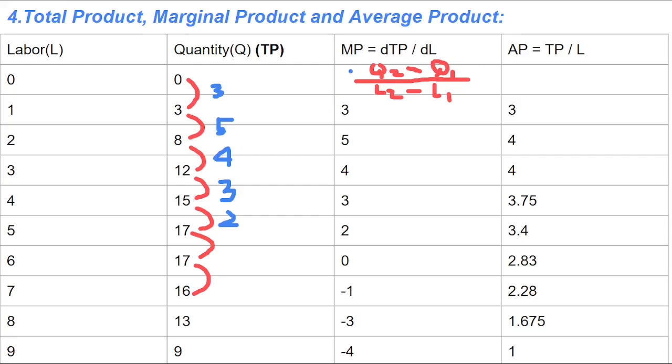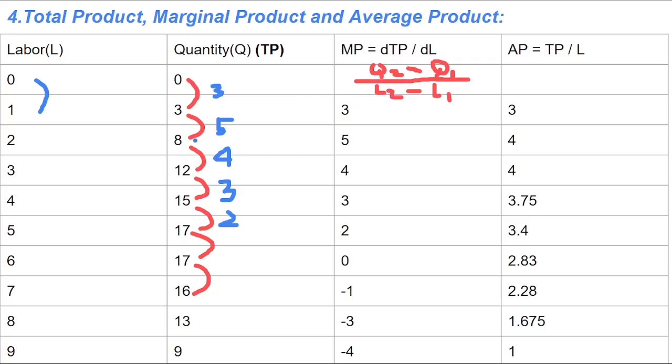So how can we calculate MP now? We know MP equal to Q2 minus Q1 divided by L2 minus L1. For this row, our Q2 is 3 and Q1 is 0. So 3 minus 0 is 3, and L2 minus L1 is 1. So 3 divided by 1 is 3.